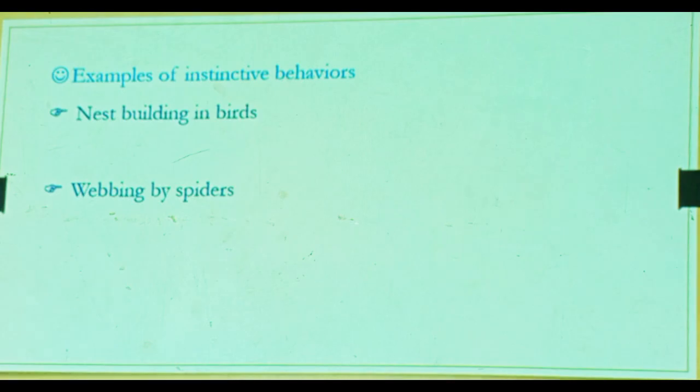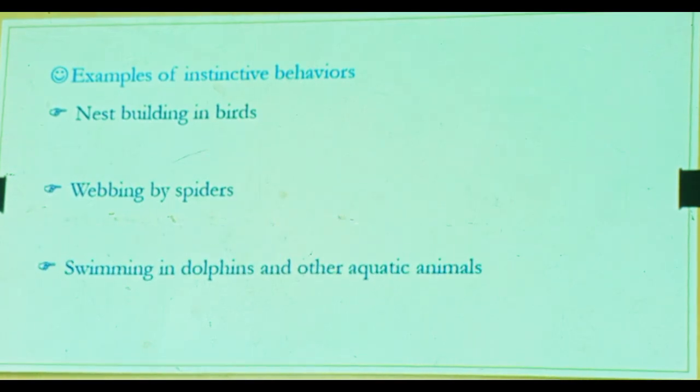When it comes to examples of instinctive behaviors, I've told you these: nest building in birds, webbing by spiders, swimming in dolphins and other aquatic animals when they are swimming in the water, either for hunting their food or for courtship behavior.